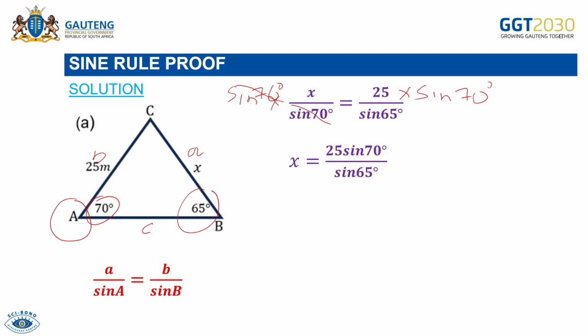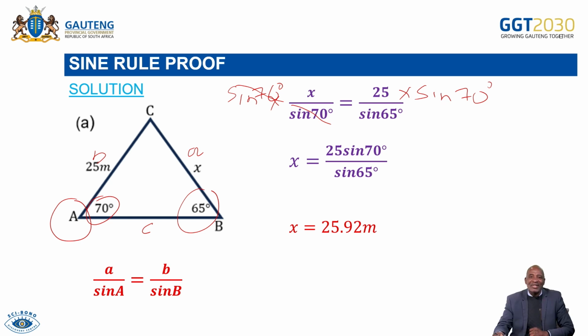You press your fraction symbol on your calculator and press 25 sine 70 degrees divided by sine 65 degrees. You'll know the value of side BC, which is x. If you are not going to get the answer that I'm going to display right now, then something did not go well there.